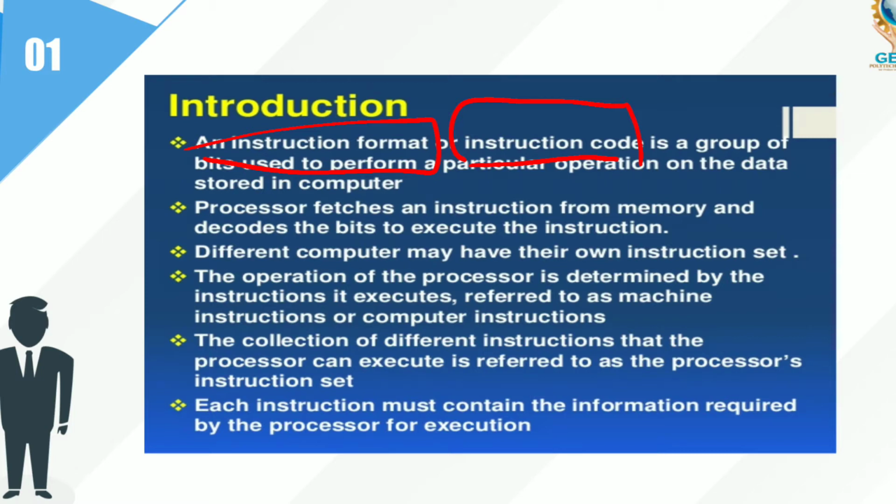Here, what are we using the instruction format for? To do some operations on the data. A group of instructions will perform some operations on data. For example, 5 is there and 10 is there, and 10 and 5 are different numbers.